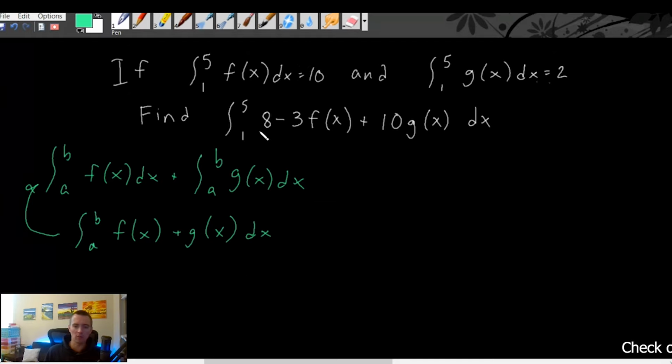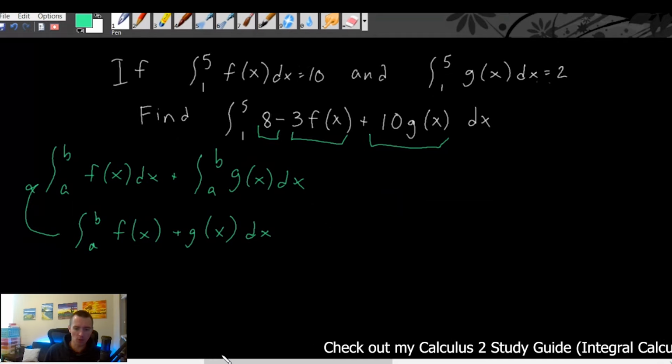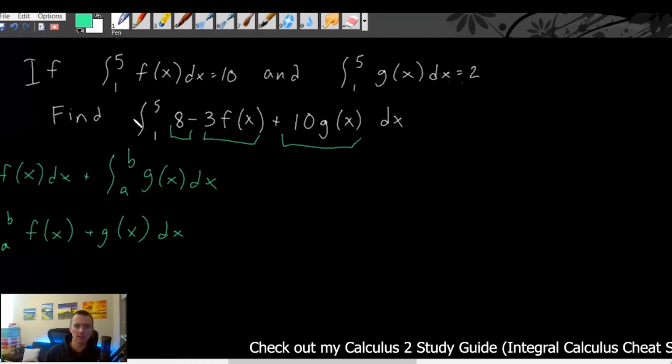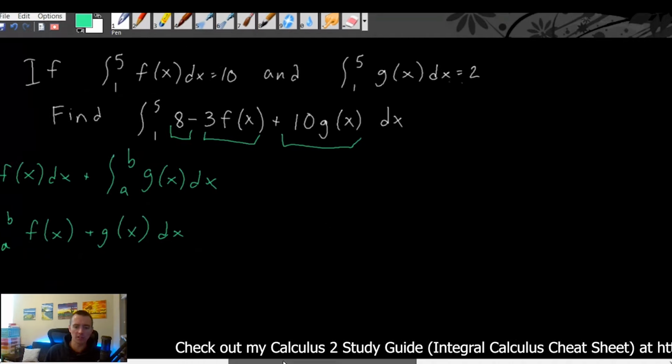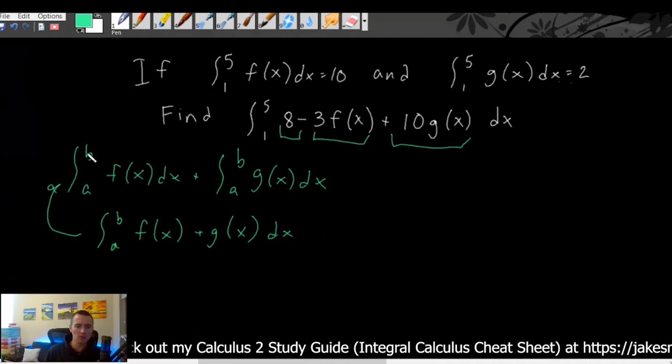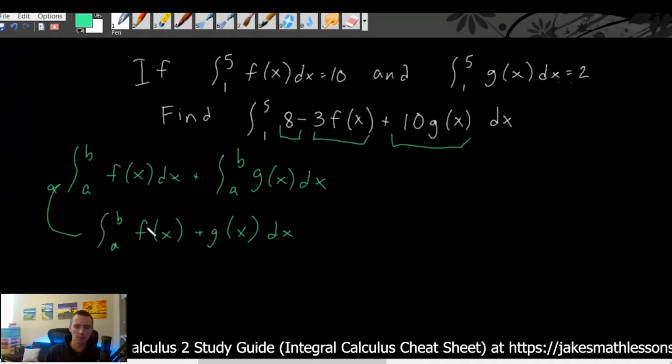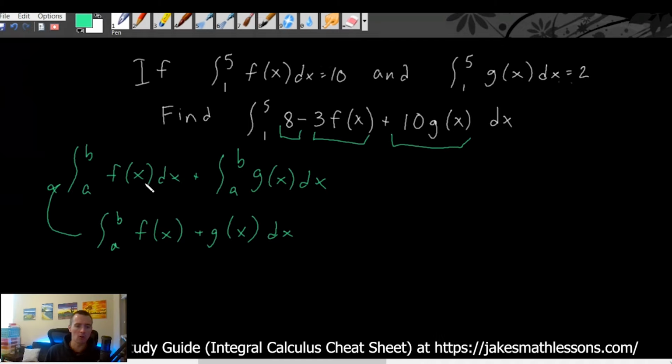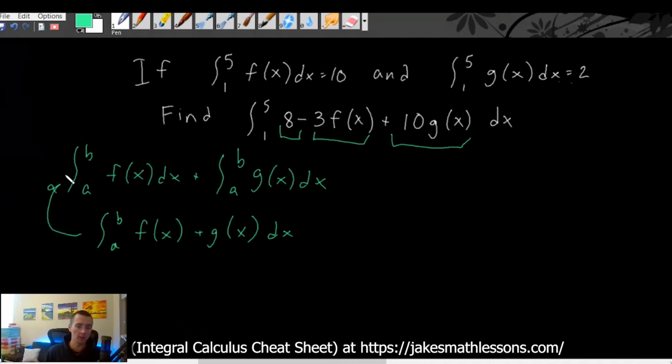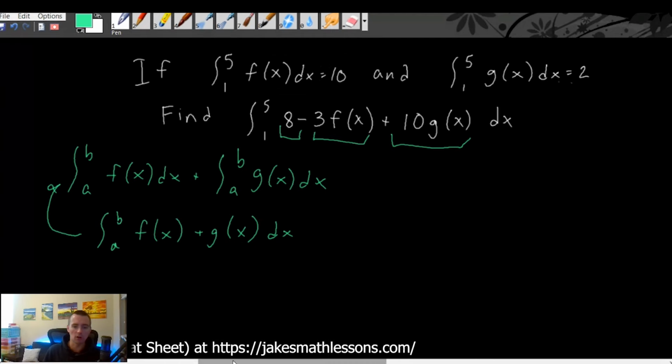We have 3 separate pieces here that are being added or subtracted, and we're going to split this one integral into 3 separate integrals. Keep in mind with this integral property, the bounds remain the same. Applying it in the direction that we're applying it, it means that the bounds of each of these integrals are going to be the same as what they started with.